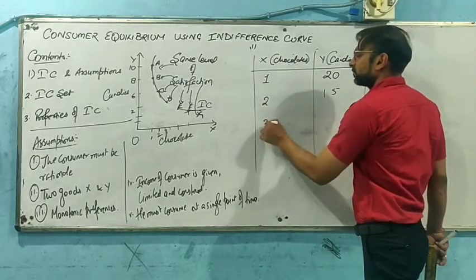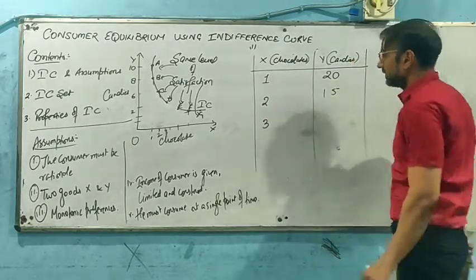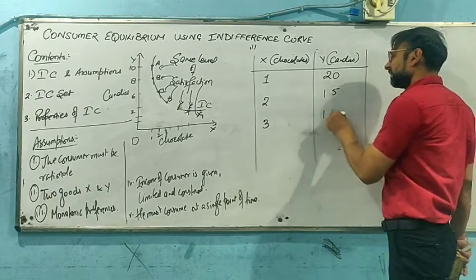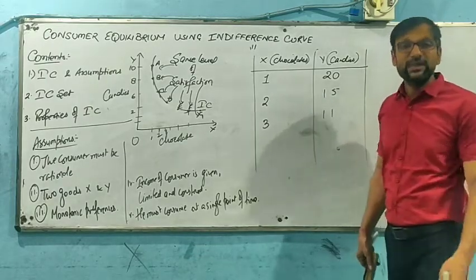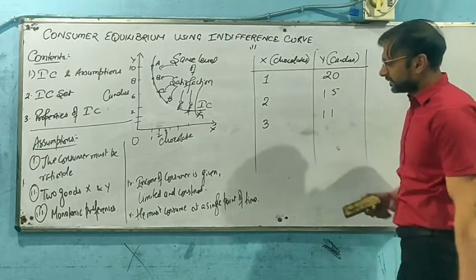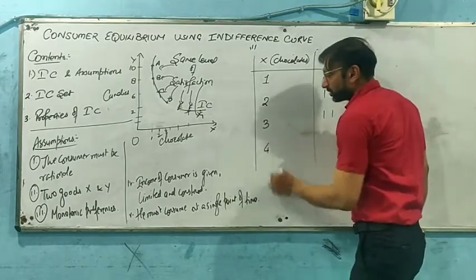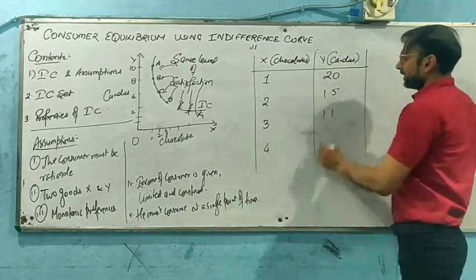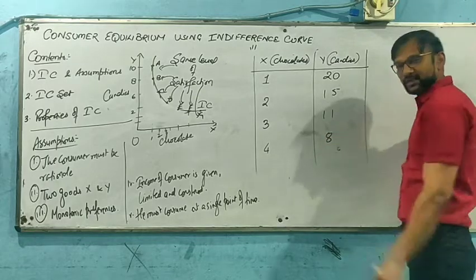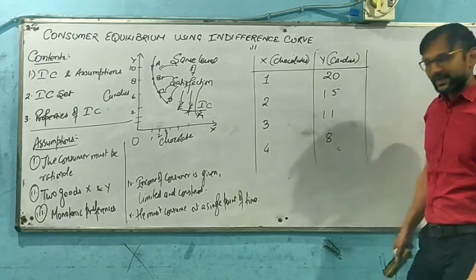Again, if he needs to consume 1 more unit of chocolate, he would like to sacrifice a lesser number of units of candy. Again, if he wants to consume more chocolate, he would like to sacrifice a lesser unit of candy.